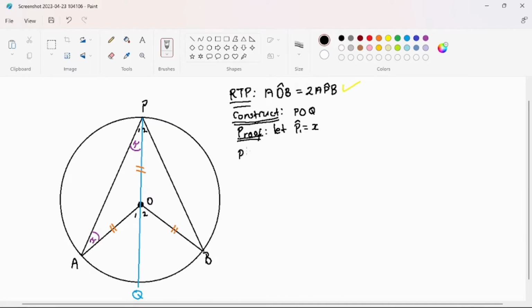We are going to say PO is equal to OA, and we state our reason, which is radii, right? And then we say P1 is equal to A is equal to X. And our reasoning is going to be angles opposite equal sides. Normally, I usually say base angles of an isosceles triangle are equal.